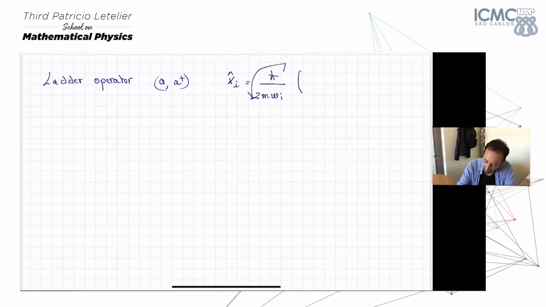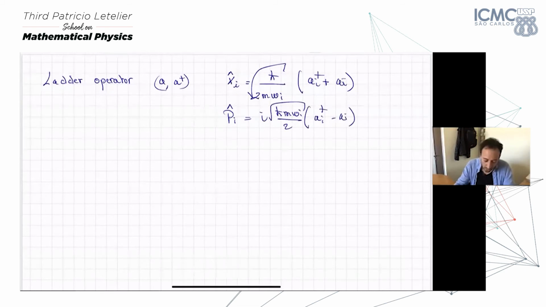Just to remember a bit the classes of quantum mechanics. And pi is going to be, and at the same time, we will need that formula later on, so let me write them, with a dagger minus ai. Okay, fine. So I can get a and a dagger, etc.